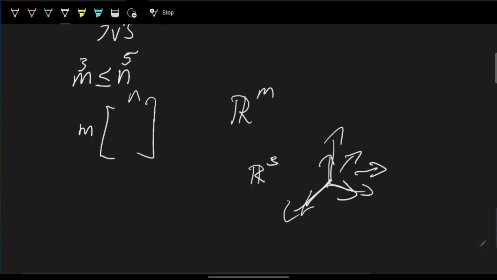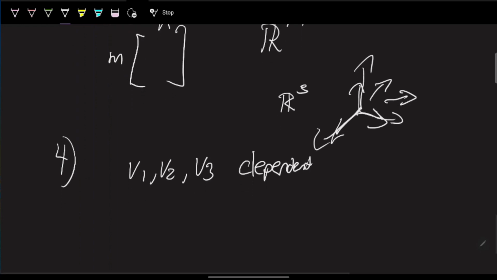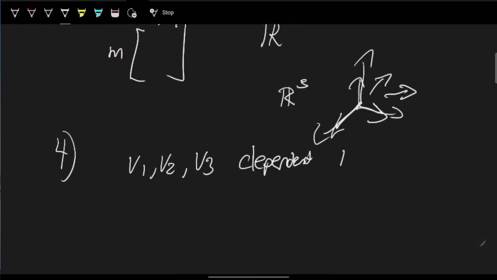Okay, so that actually segues really well into problem 4. That wasn't completely intentional, but they're basically saying that V1, V2, and V3 are dependent with each other in R7. And now they're saying, okay, let's add 2 more vectors, V4 and V5.